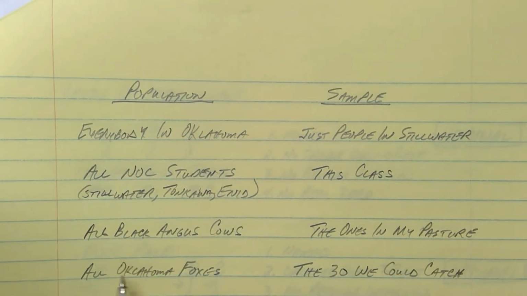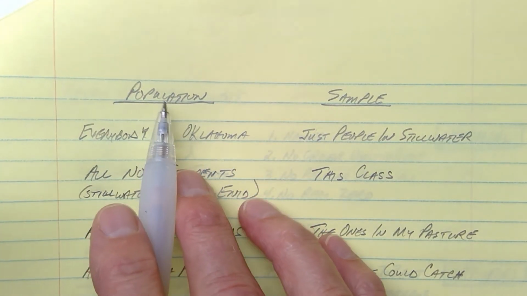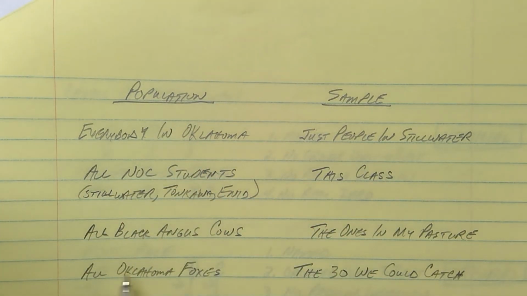Another example is all Oklahoma foxes. Maybe that's my population. Maybe Oklahoma State University is doing an experiment on foxes. They're observing something about foxes. But you know what? If they want to measure the average weight or the average height or the average number of teeth they have or whatever they're measuring, it's almost every time impossible to catch the population, to catch all the foxes in Oklahoma.